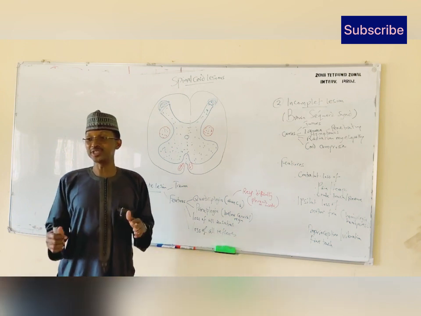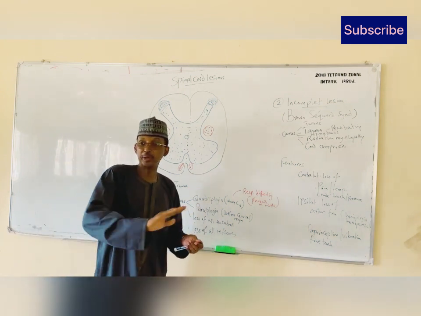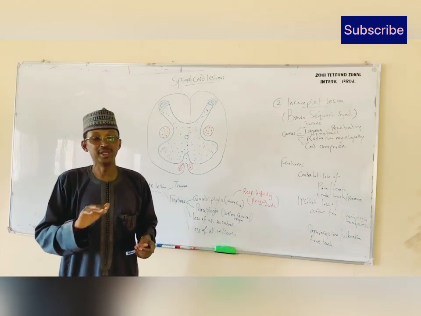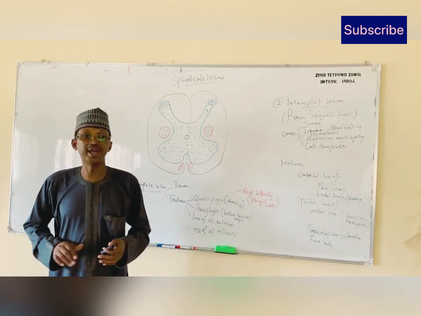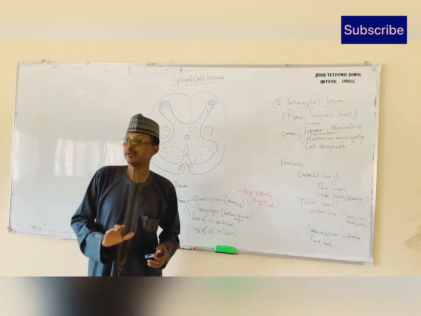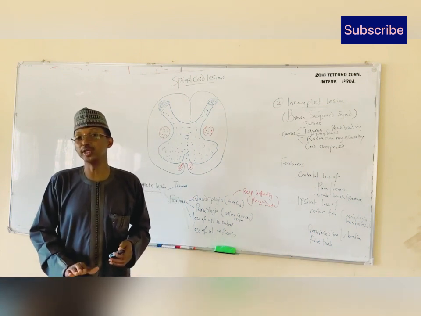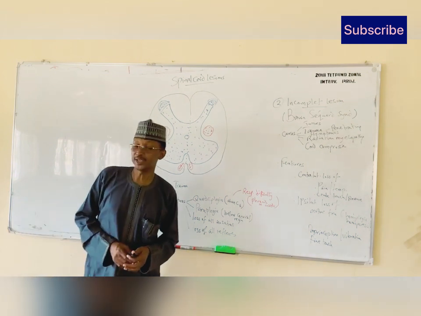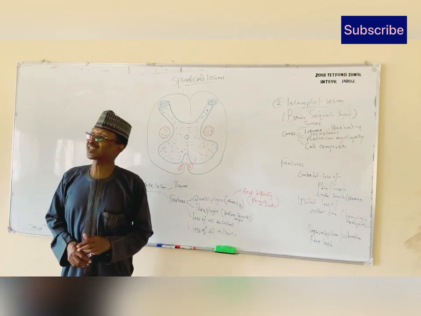For example, during a fight, once they prick your back with a very sharp knife at the level of the midline, once the knife goes in between the vertebral bones, it can easily completely divide the spinal cord into two. That is what you call complete spinal cord transection.